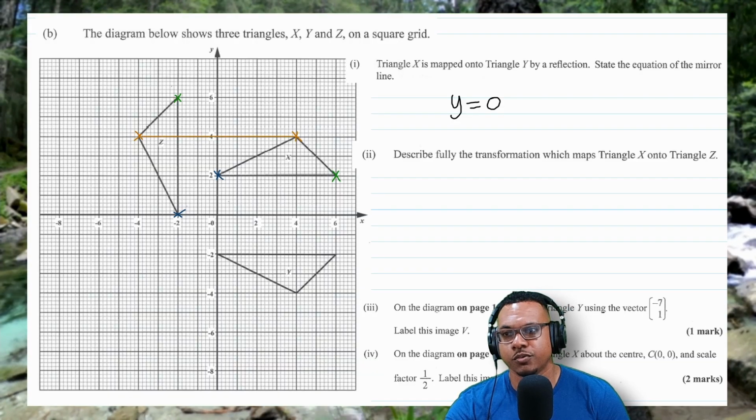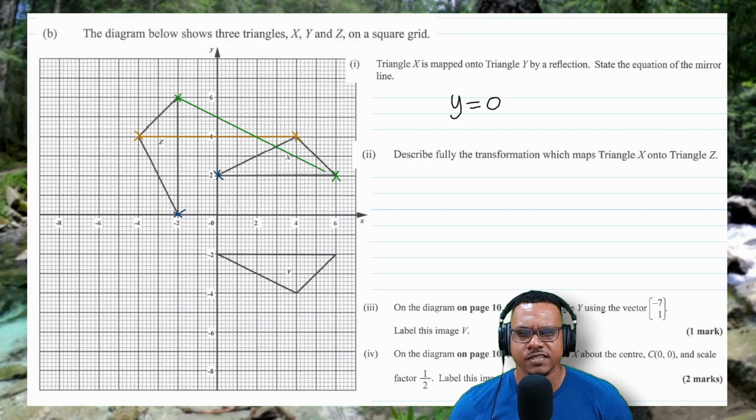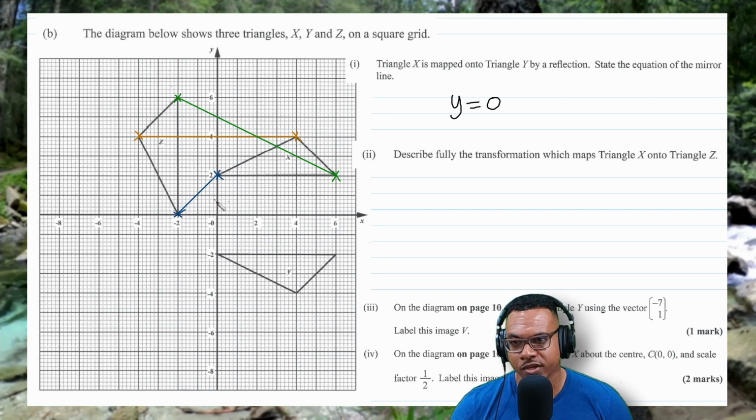So I could connect these 2 points like this, and then these 2 points like this, and then these 2 points like this. Now notice all 3 lines are not intersecting at the same point, so this is not going to be a rotation of 180 degrees. So I'll take 2 of the lines and construct the perpendicular bisector. Where the perpendicular bisectors meet would be the center of rotation.